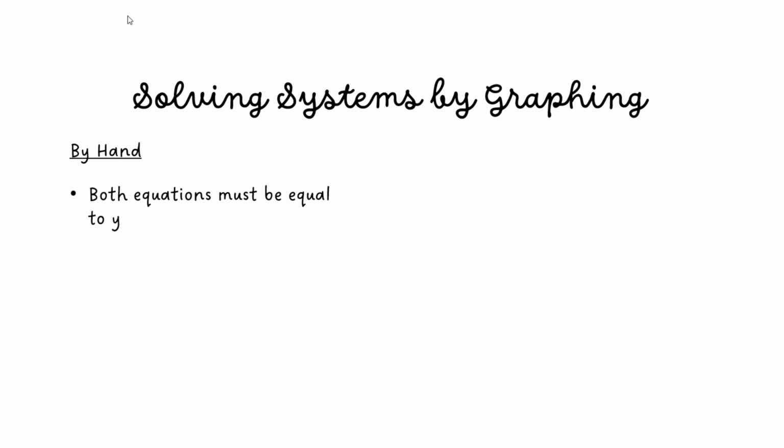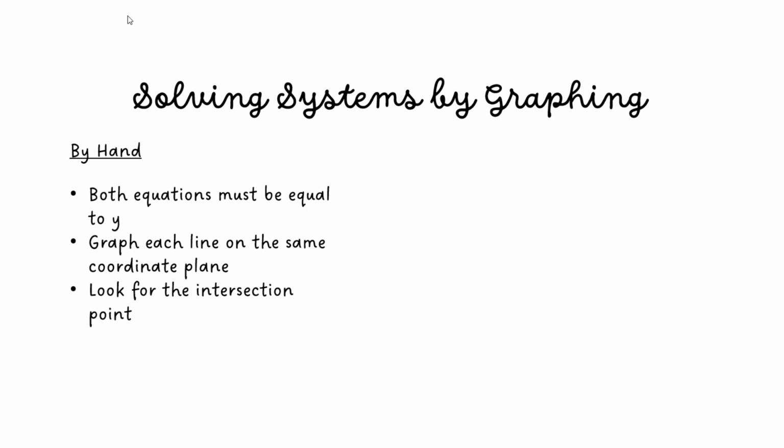So to do that, both equations must be set equal to y. So essentially, we're going to treat this kind of like graphing any other line that you would be given. Graph each line on the same coordinate plane. Look for the intersection point of the two lines, if there is one, and then report your answer as an ordered pair.